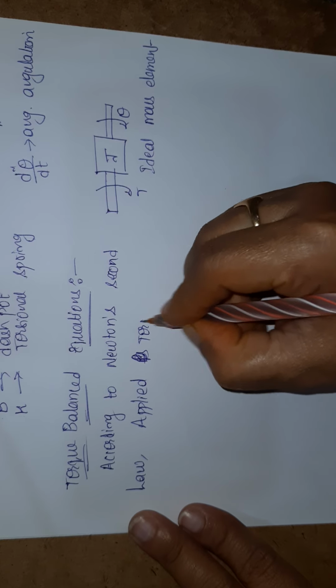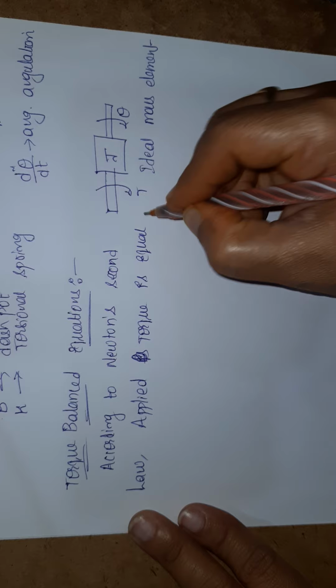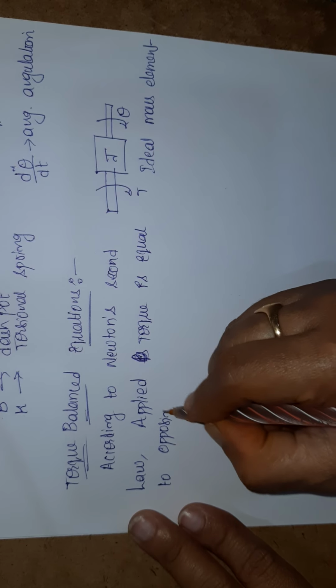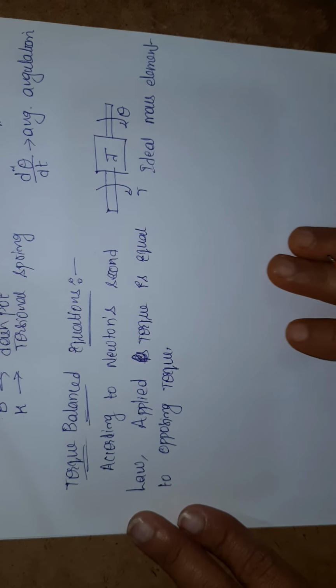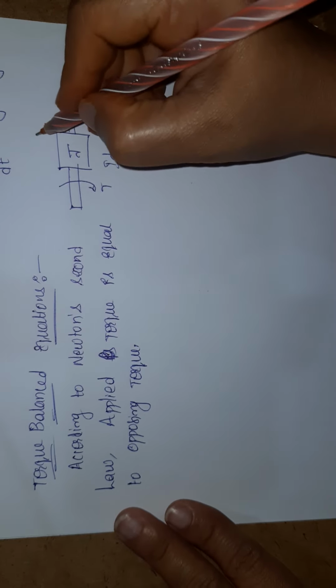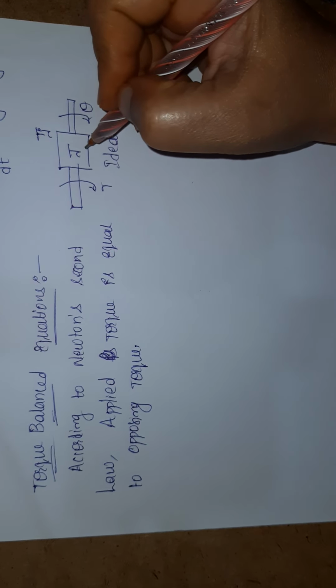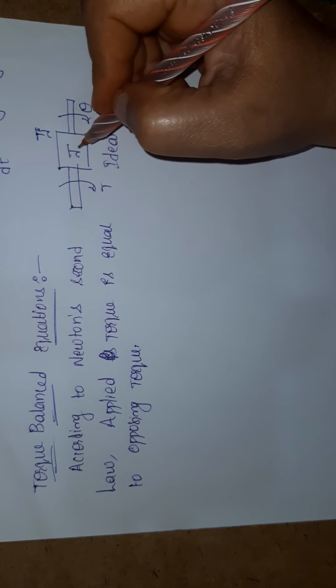Applied torque here. Applied torque is equal to opposing torque. Here Tj is the opposing torque offered by this element J, that is the moment of inertia element.